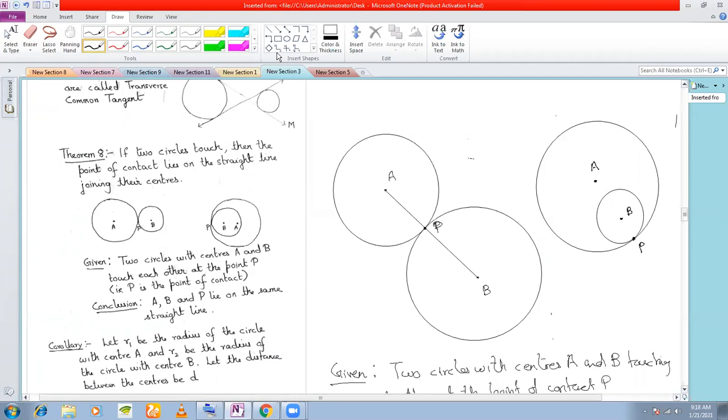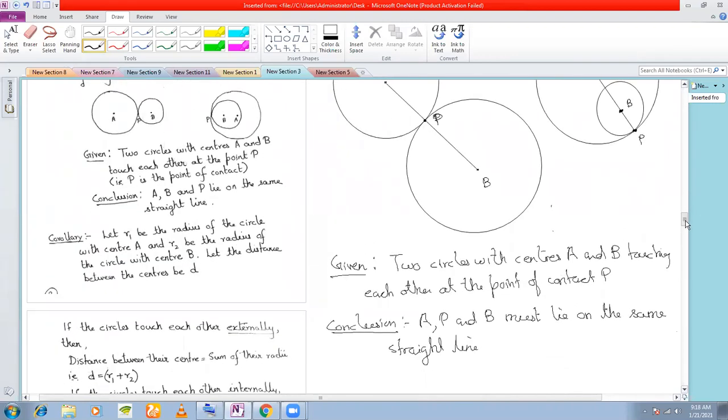Again, from the same theorem, I can say that all these three, A, P, and B, will lie on the same straight line. That is what the theorem means.